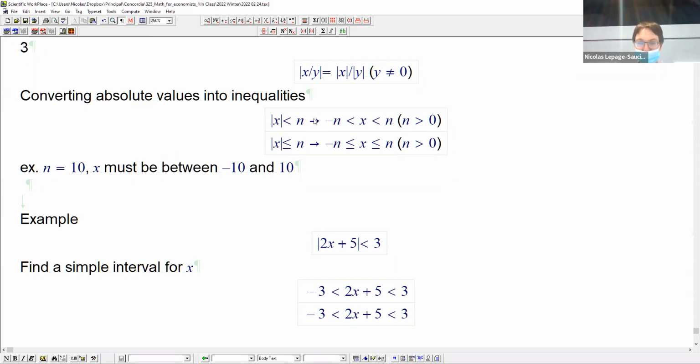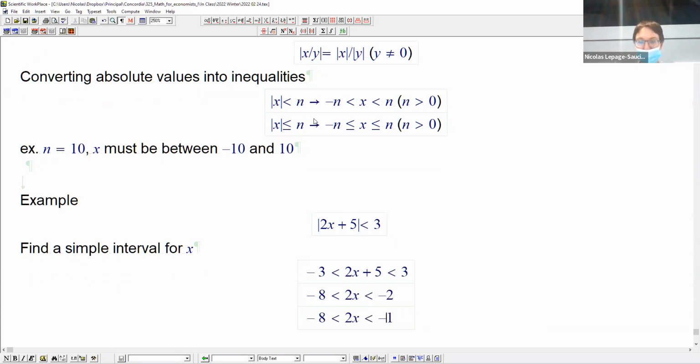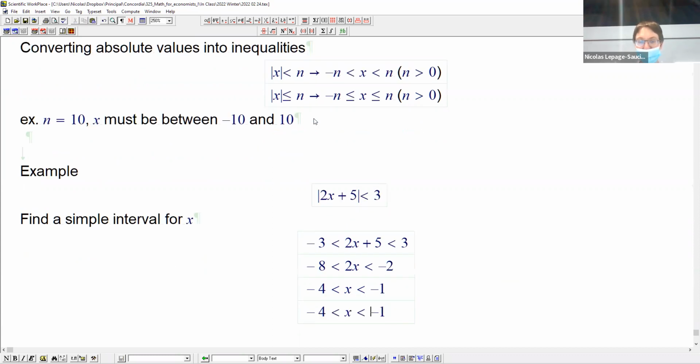So what shall we add? Yeah, minus 5 everywhere. So I get minus 8 here, and then minus 2. And then I can divide by 2. So minus 1, 4. Then I can multiply by minus 1. In that case, I get that minus x is greater than 1.